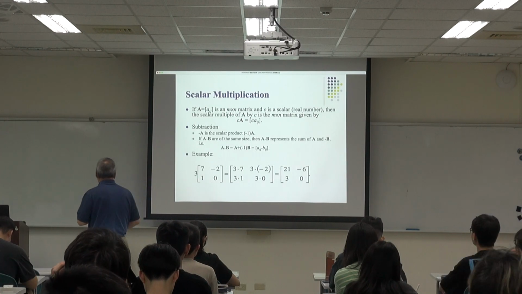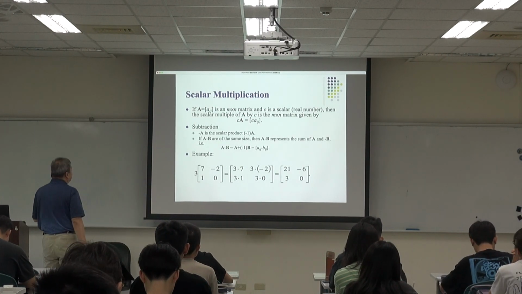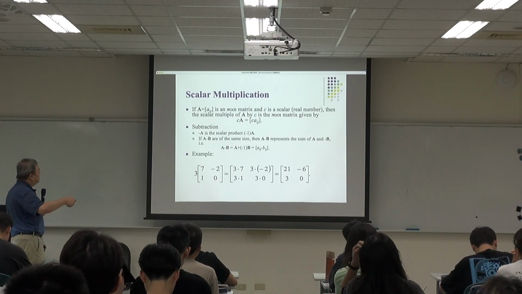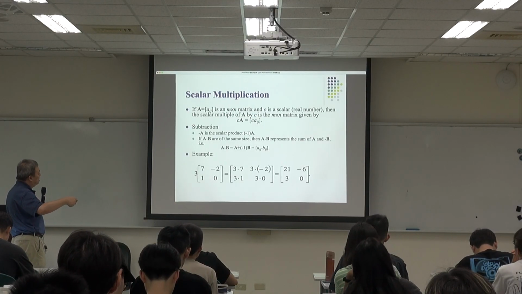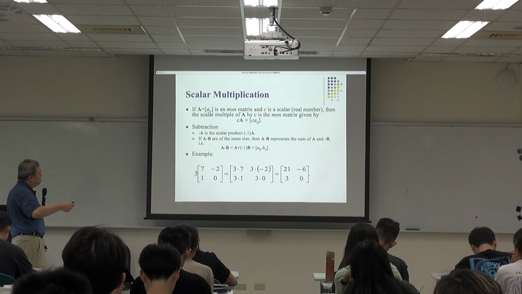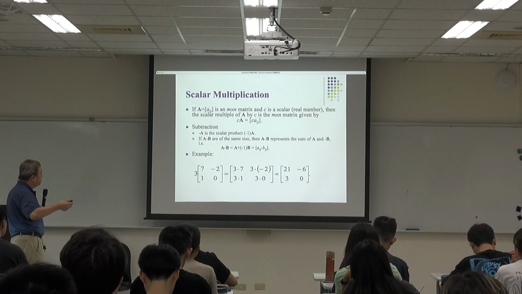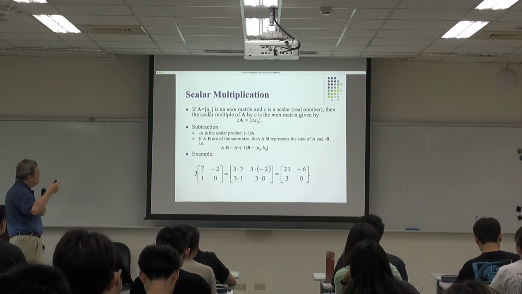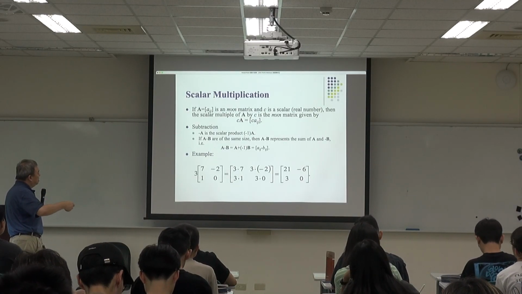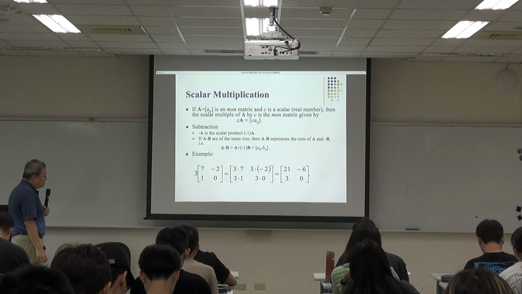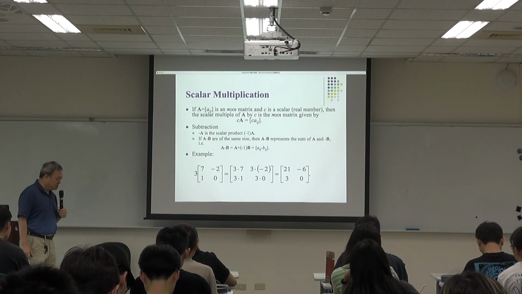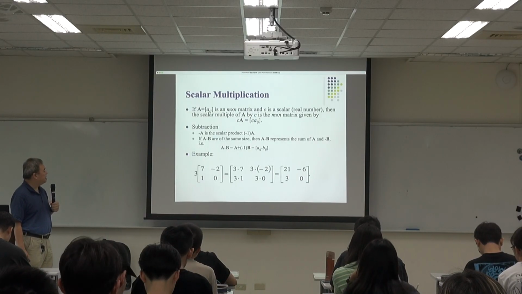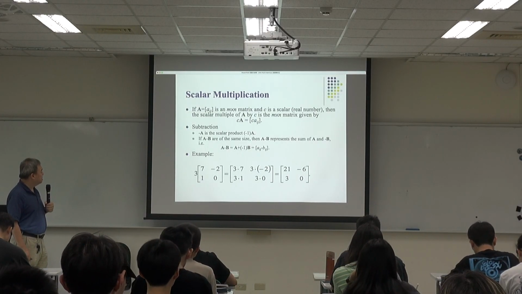And the matrix has scalar multiplication as well. If c is a scalar, which means it's a real number, you can multiply this scalar to the matrix. As a result, every element in this matrix will be multiplied by this constant c.